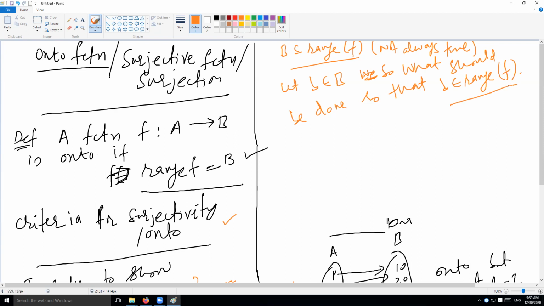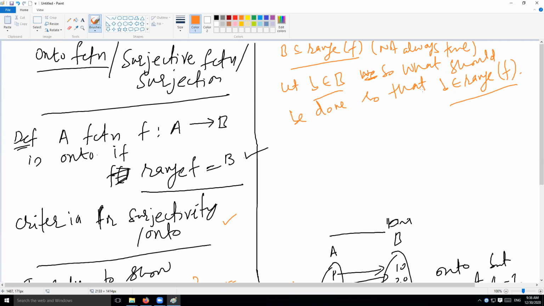What should be done? The b that you have picked from B, this also belongs to the range actually. Okay, the b that I have picked from codomain, it also belongs to range.